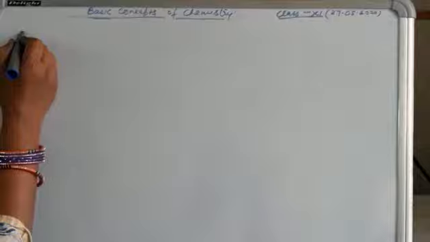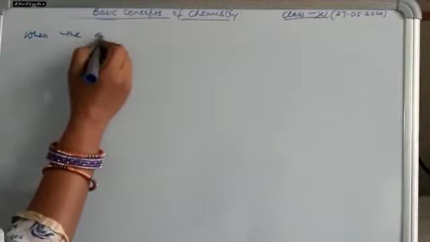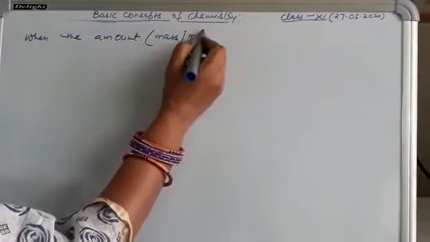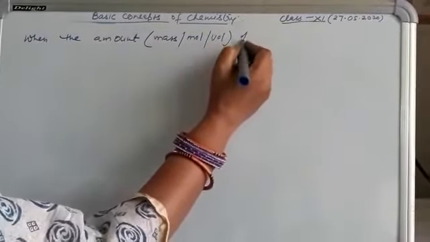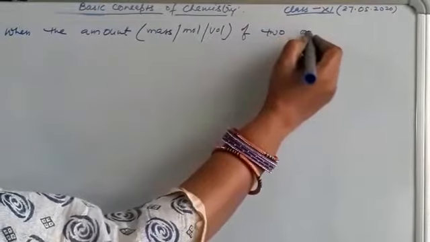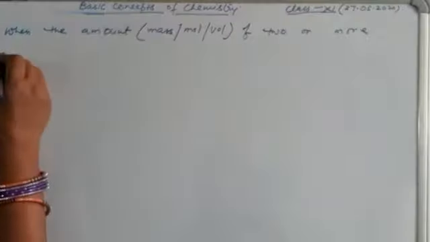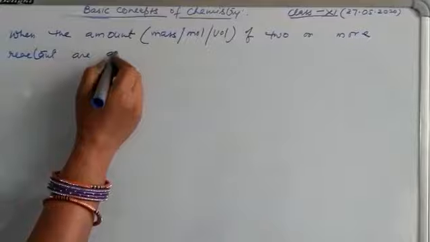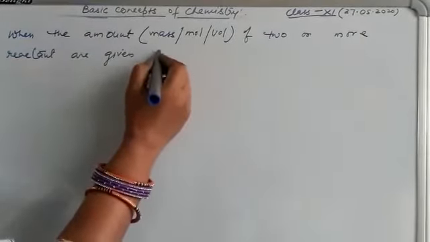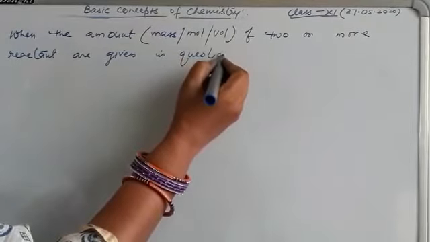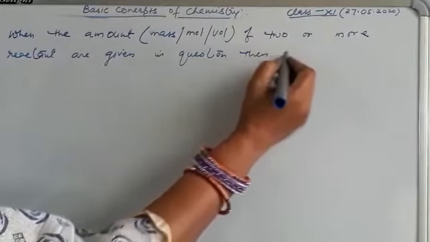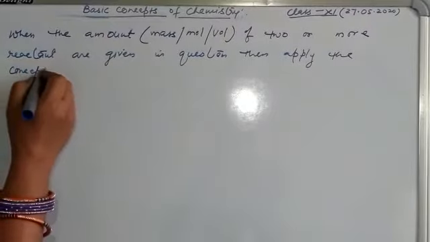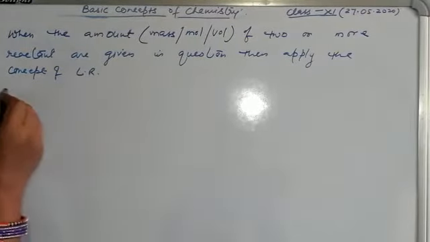When the amount, mass, mole, or volume of 2 or more reactants are given in the question, then apply the concept of limiting reagent. How to apply?